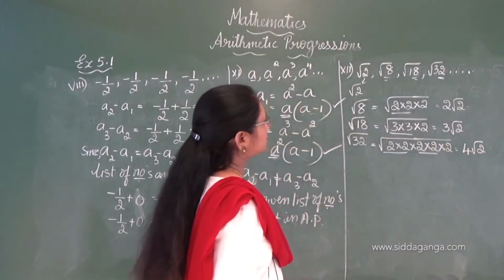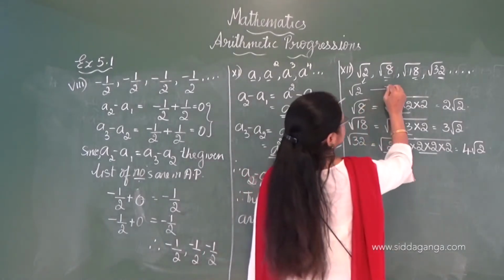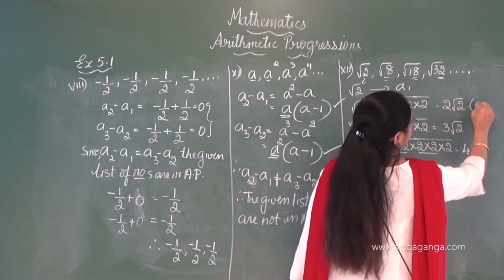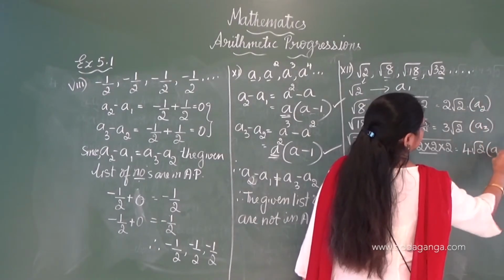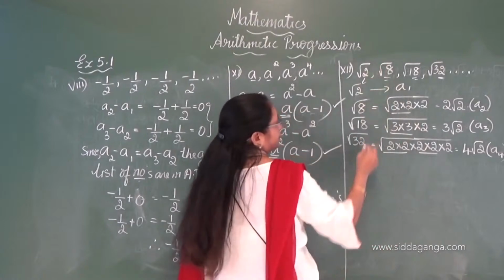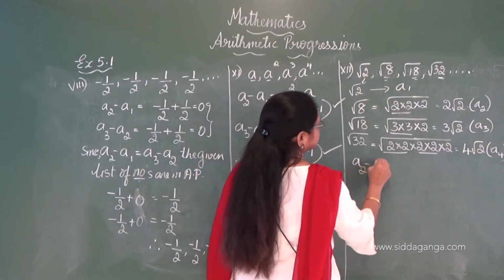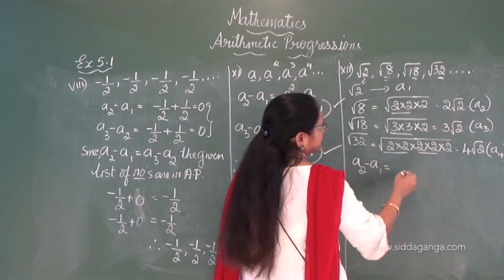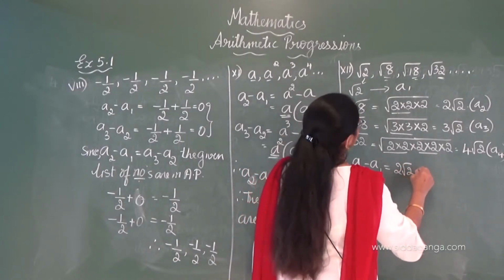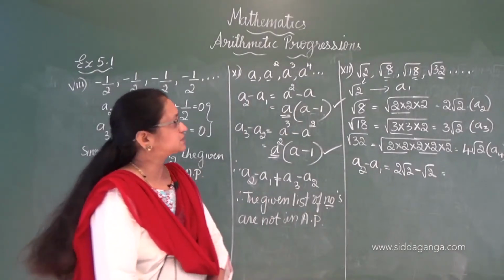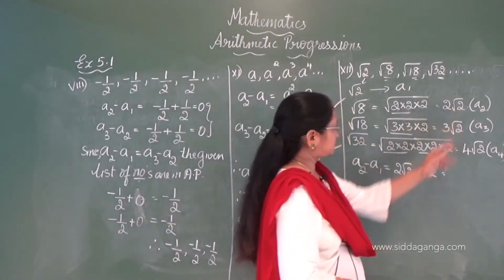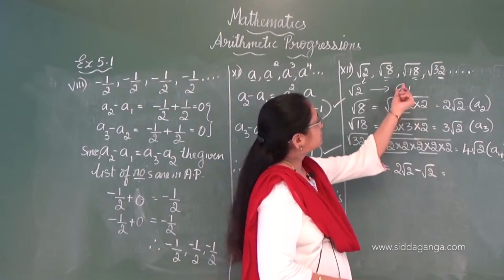Now just imagine, here this is A1 and this is A2 for us, and this is A3 and this is A4. Now we will find A2 minus A1. A2 is what? 2 root 2 minus root 2. 2 root 2 is A2, that is second term minus first term.